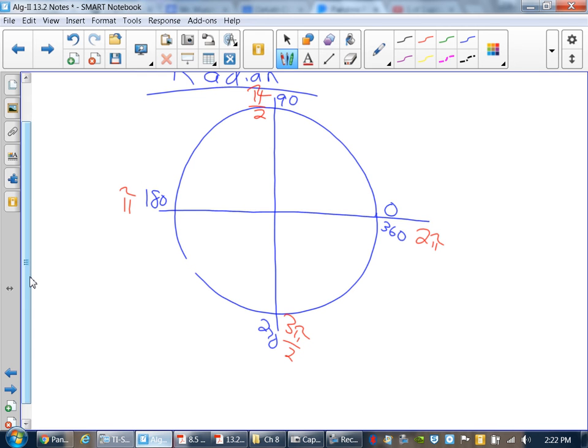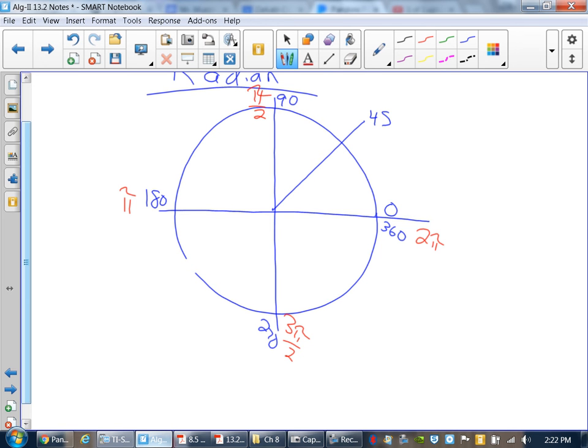What's half of 90? 45. Half of 90 is 45, which means half of a half is what? Very good.